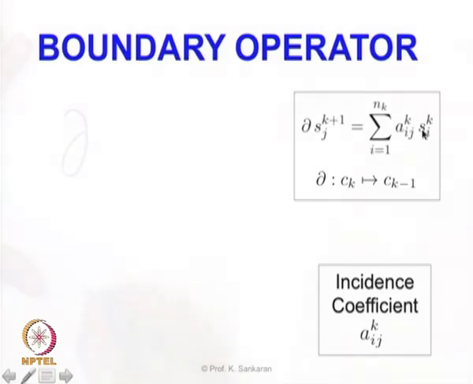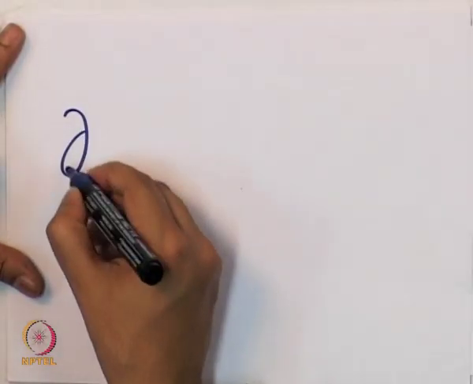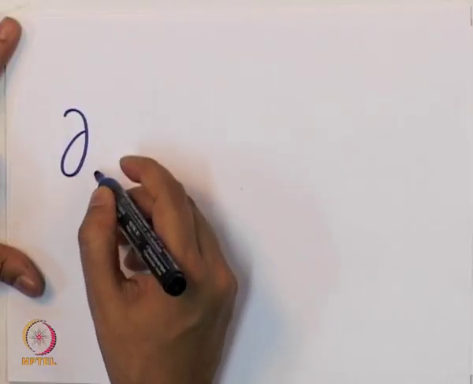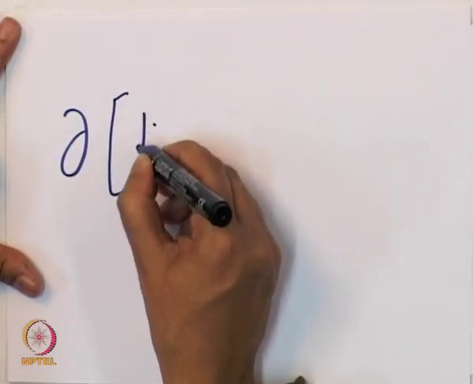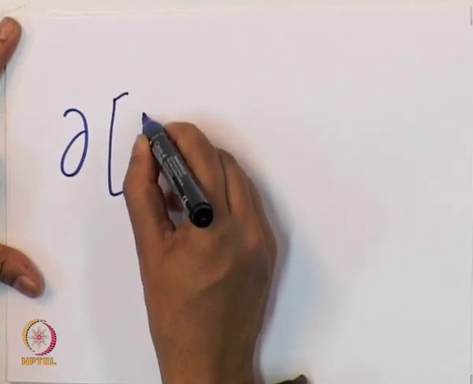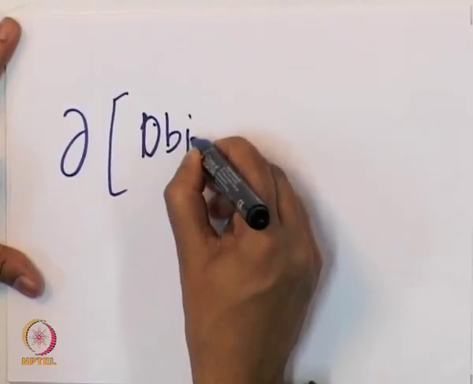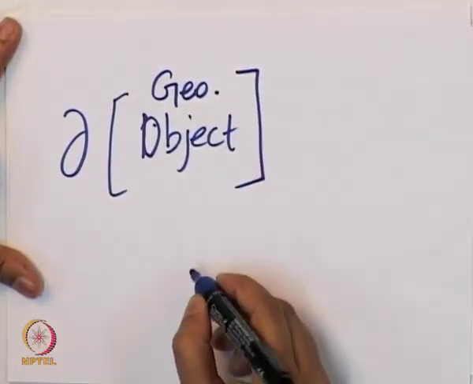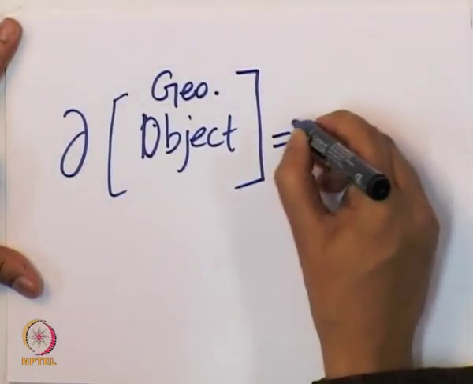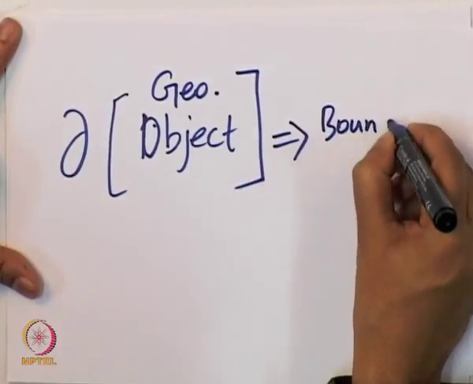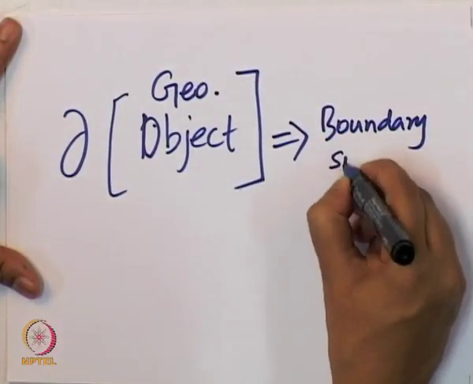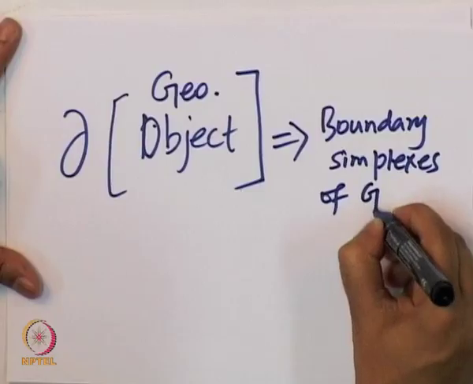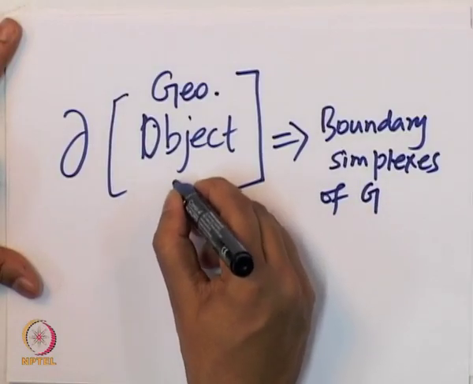So the boundary operator, which we represent with the symbol partial derivative, takes a geometrical object, let us say we call it M, and it gives the boundary simplexes of that geometrical object.